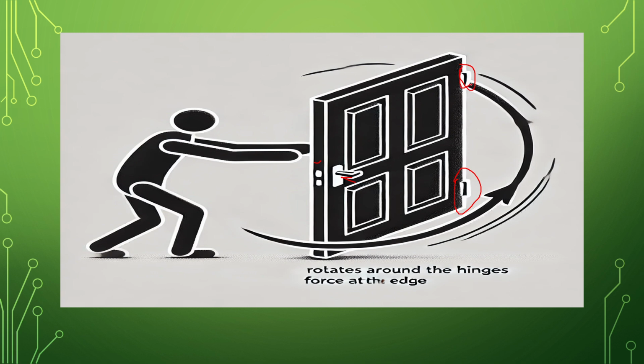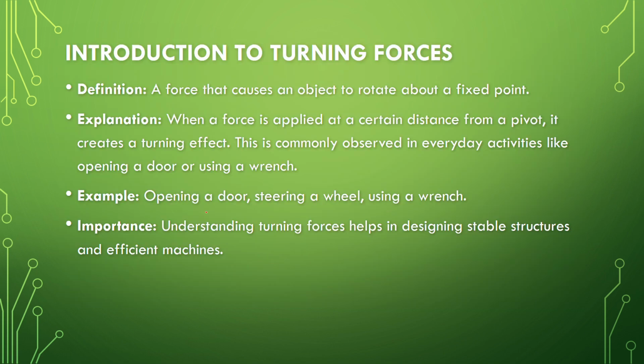These are the hinges where the door is attached, and if we apply force somewhere here, it rotates in this direction. The door rotates like this when we apply force. So this is called turning effect. Opening a door, steering a wheel, using a wrench. Importance: understanding turning helps in designing stable structures and efficient machines.